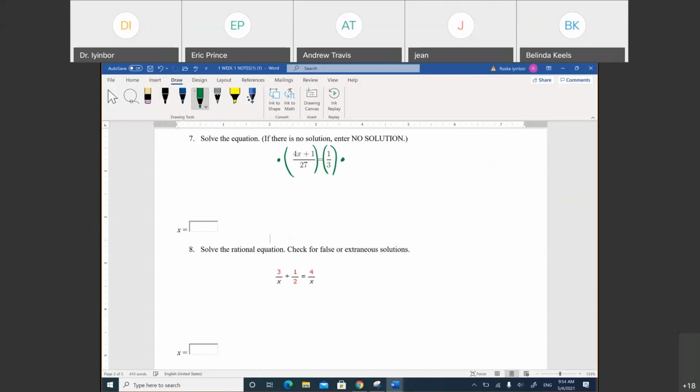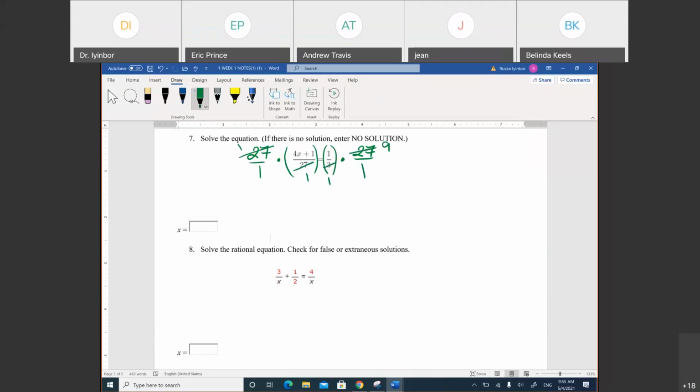If I multiply both sides by 27, you always put 27 over 1. 27 is in the top, and 27 in the top and 27 in the bottom cancel out. So no more fraction on the left side. Now 27 and 3, you can divide by 3. So the 3 is gone. 27 divided by 3 is what? 9.